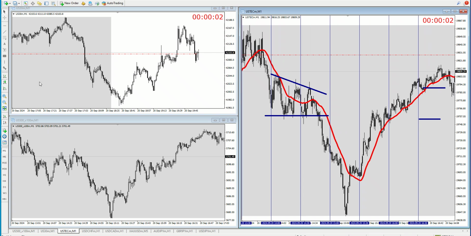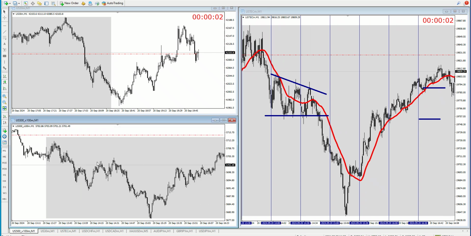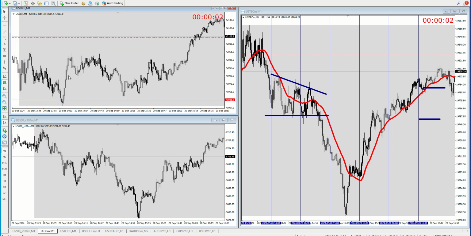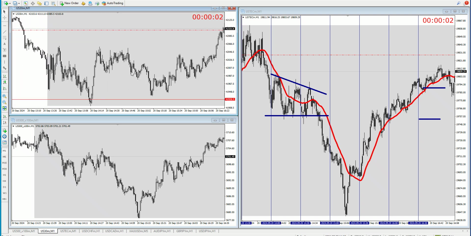So look at this, guys. When you're looking at them like this, you can clearly see you don't have a clean pattern on the Dow at this time. Let's say the pattern that you can talk about is maybe this rectangle.